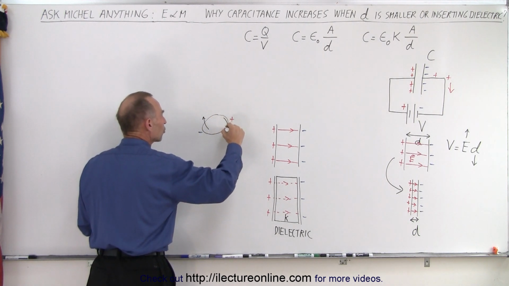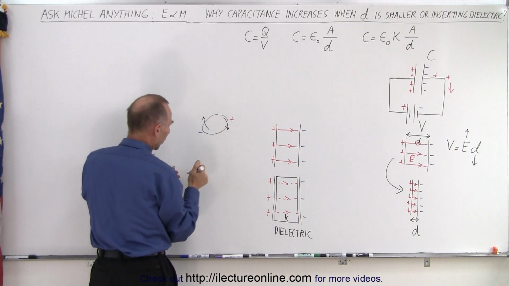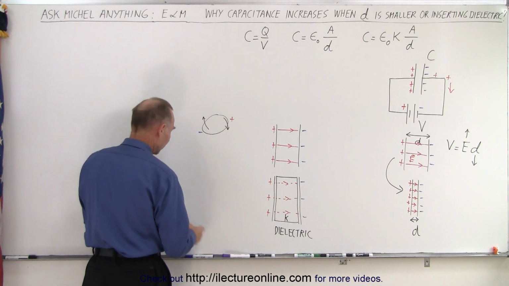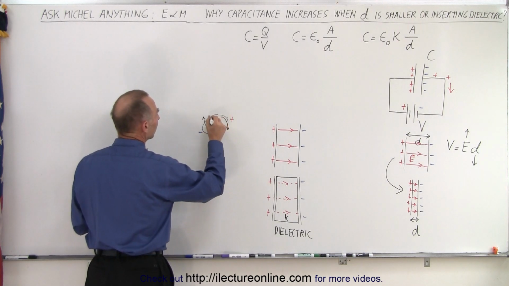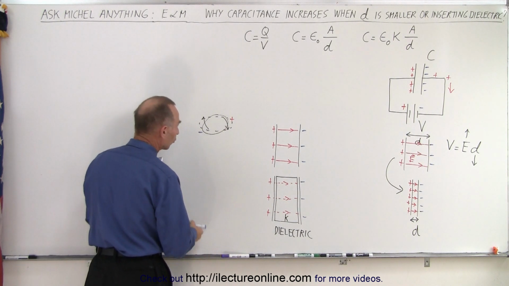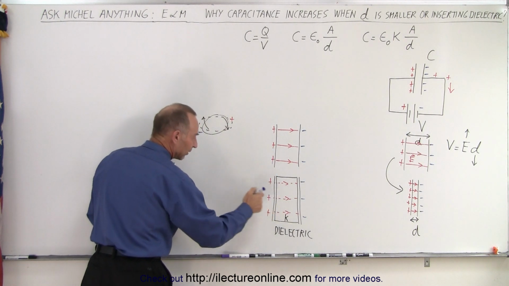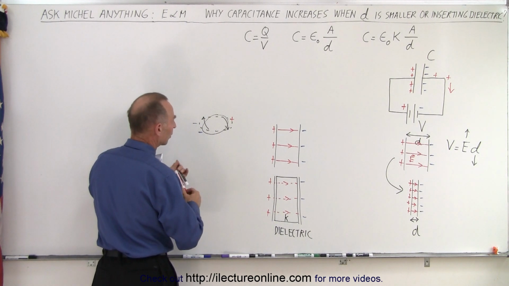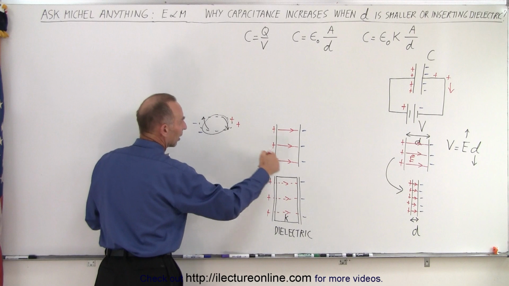That molecule is going to try to twist and turn a little bit so that the molecule will begin to line up more like this, so that the negative charge tries to be closer to the positive end of the capacitor, and the positive charge tries to be closer to the negative side of the capacitor.